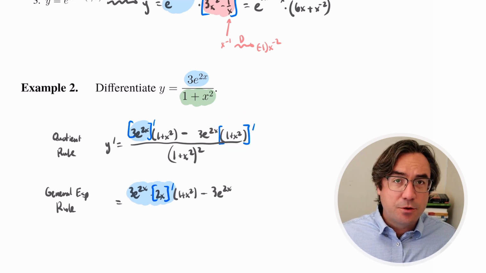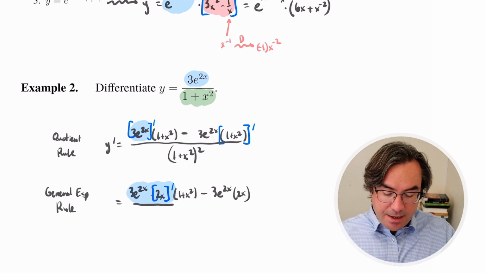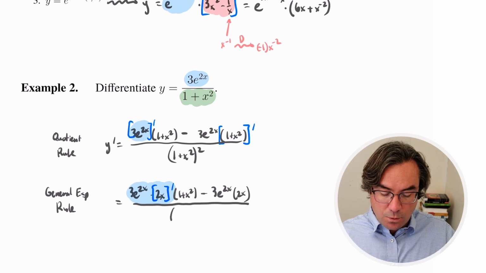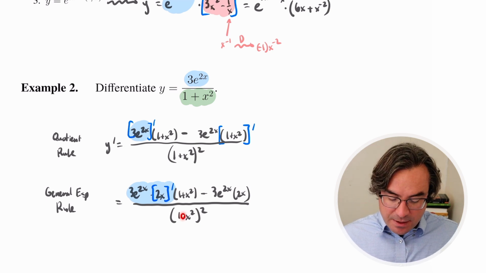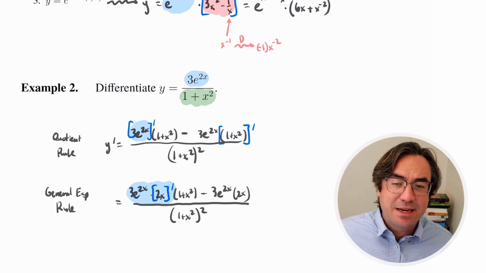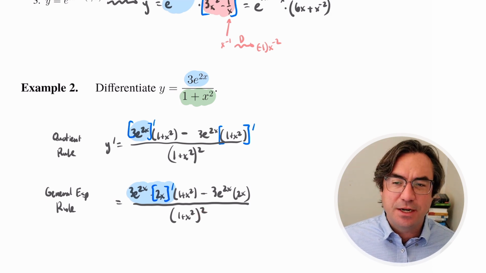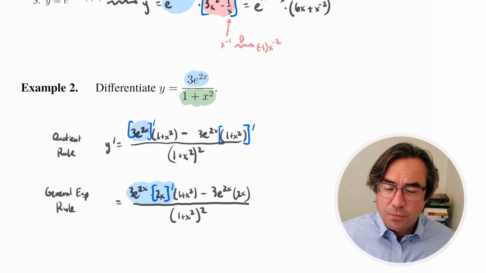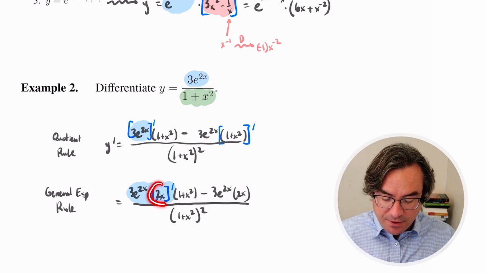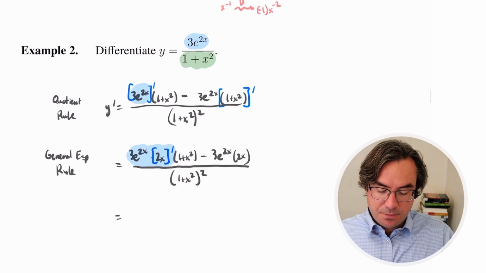This one is just regular power rule, so we get 2x there. And this is all over 1 plus x squared, squared. And again, with quotient rule, if you have terms being added or subtracted inside the parentheses, just leave this as squared. Don't try to do anything. All right, so then we just finished differentiating. Derivative of 2x is 2. And we're done.